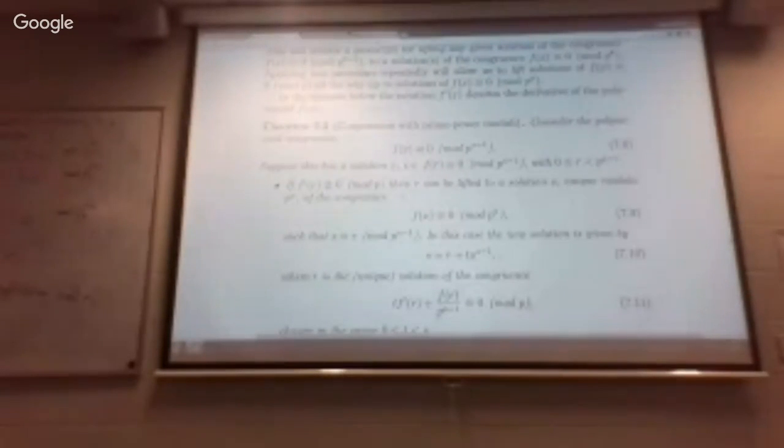So that immediately suggests a kind of inductive process to get solutions to f of x congruent to 0 modulo p to the alpha. You start off and try to solve it modulo p, getting solutions where the exponent is 1. Then you use this result to lift those solutions up to modulo p squared.